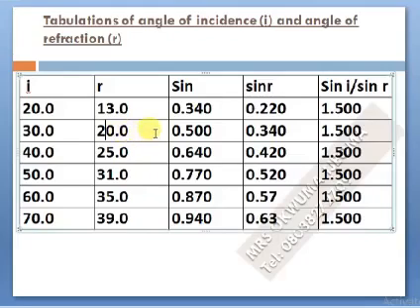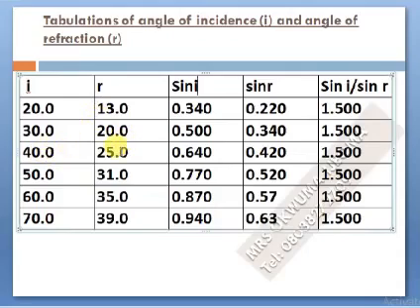Then you have your sin I, that is sin 30, and that will give us what? 0.5. Then your sin R, that is sin 20, gives you 0.340. Now when you do here 0.5 over 0.340, you equally get what? 1.5.